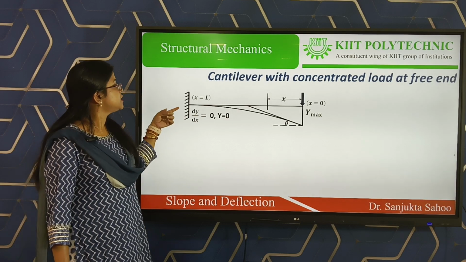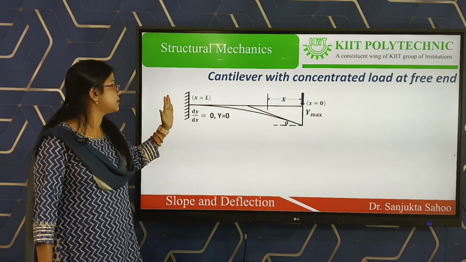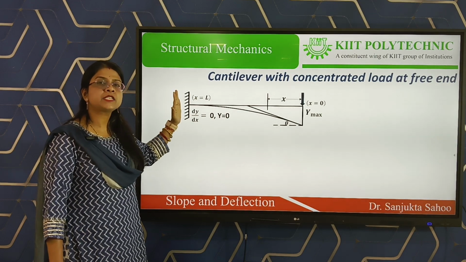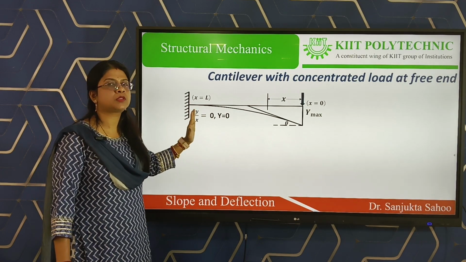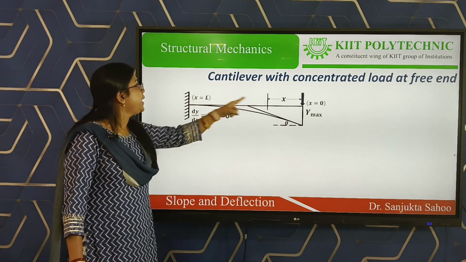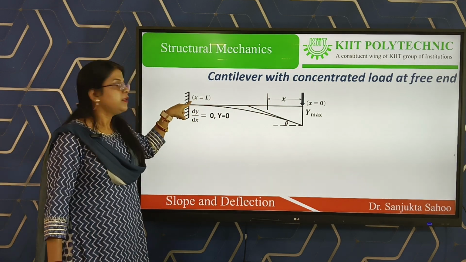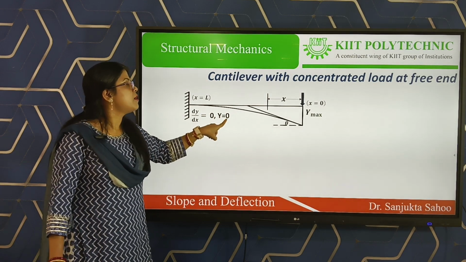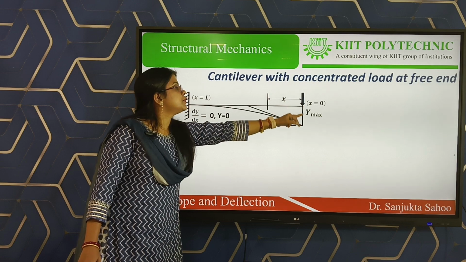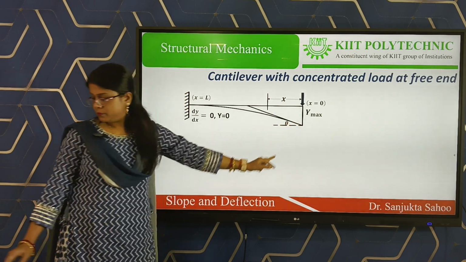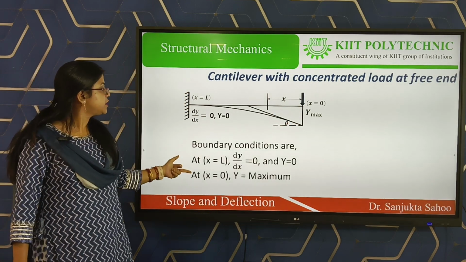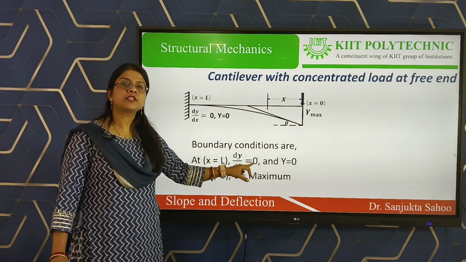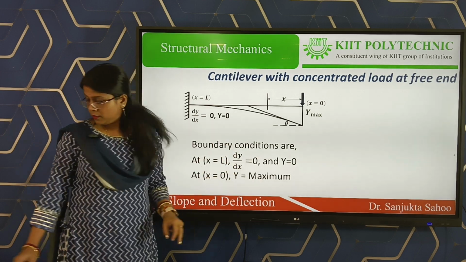For a cantilever, the end is fixed, and at the fixed end, the slope and deflection both are 0. So, when x equals L, the slope equals 0 and deflection equals 0, and at x equals 0, the slope and deflection are maximum. So, these are the boundary conditions, and we have to put them in the slope and deflection equations to find the constants.